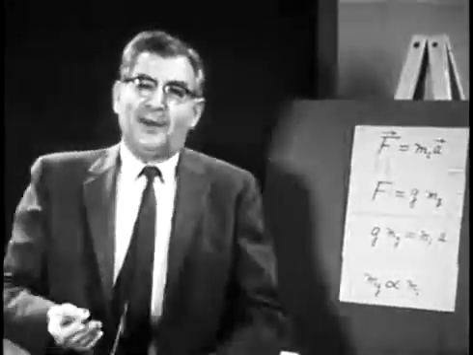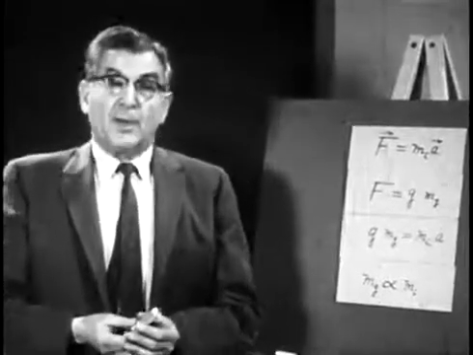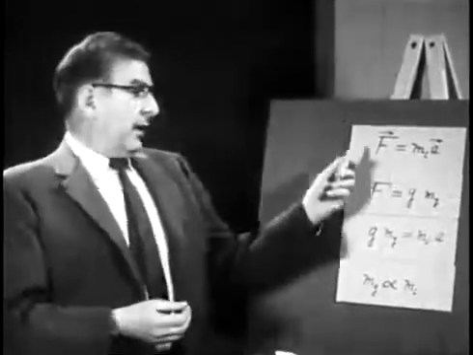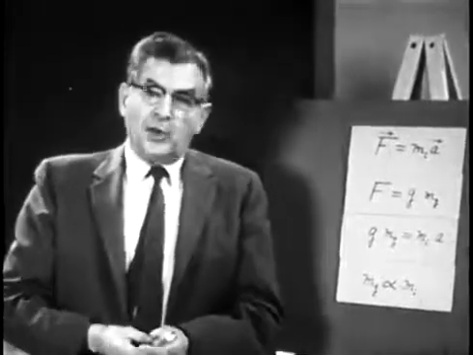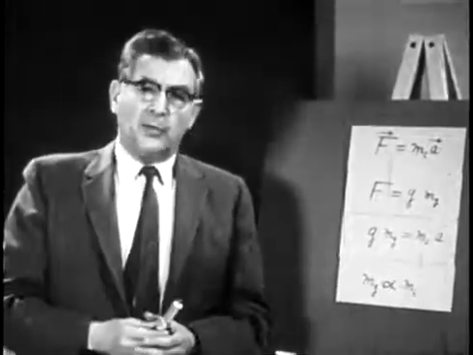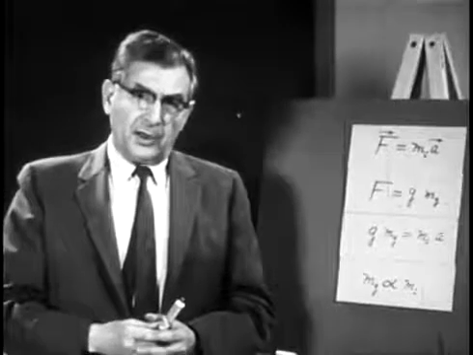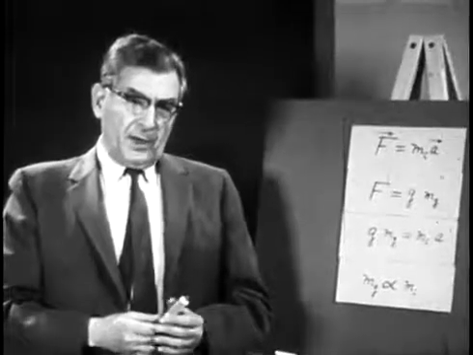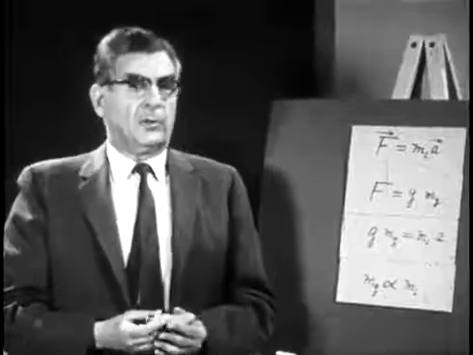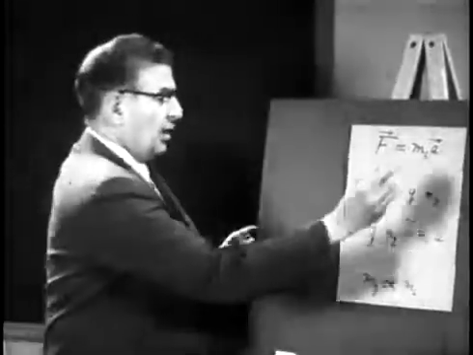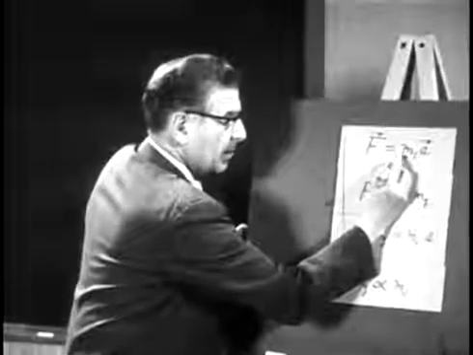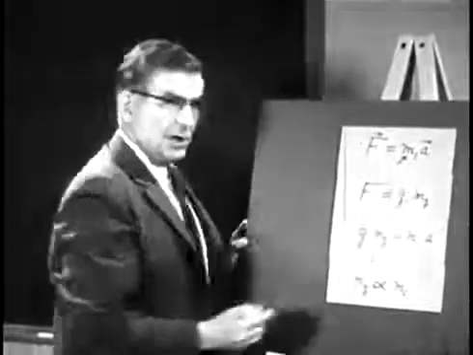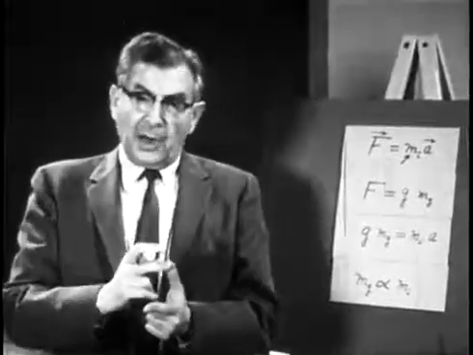Now, what we have found out from our experiment is that the vector force and the vector acceleration are in the same direction no matter which way the body moves, no matter what the direction of motion is. And from this, we can conclude that this inertial mass, that quantity, does not depend on the relative direction of motion and force.